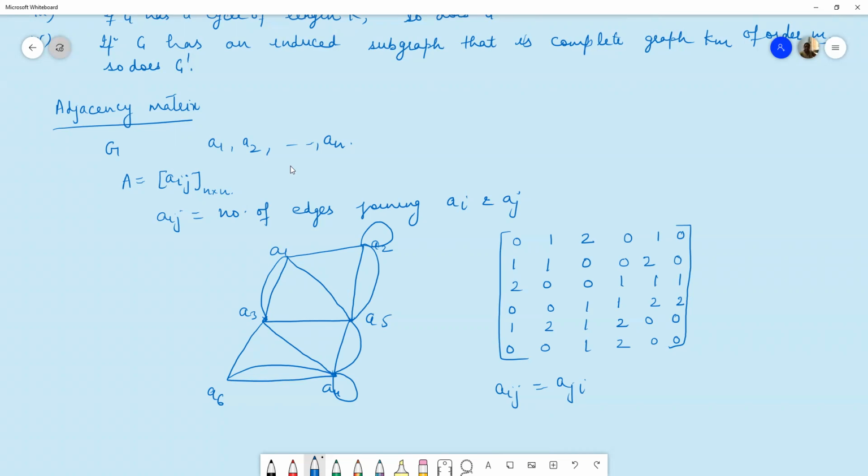If we take this vertex to be the first vertex and this to be the second, then third, fourth, fifth, sixth, then corresponding to each vertex, it has one row in this matrix. And if we interchange the order of these vertices, then the order of rows in this matrix will also be interchanged. That means except for the ordering of rows and columns, this matrix is uniquely determined.